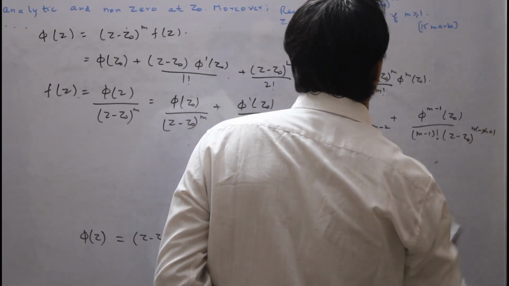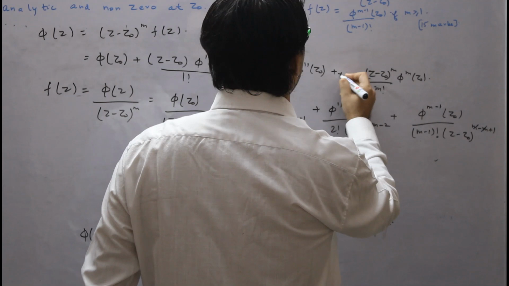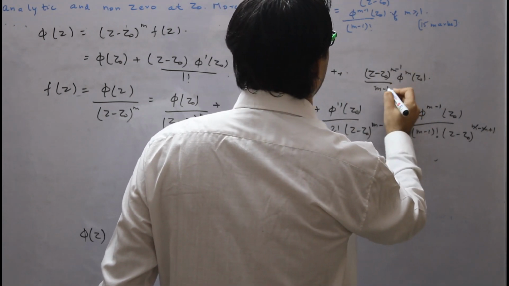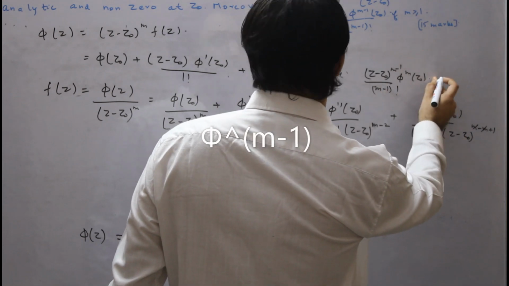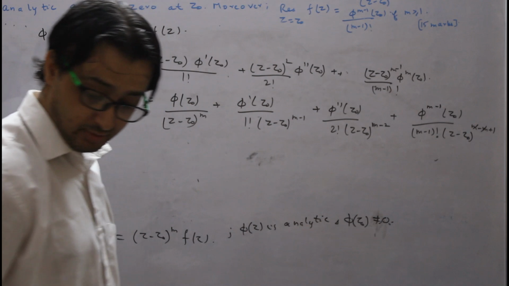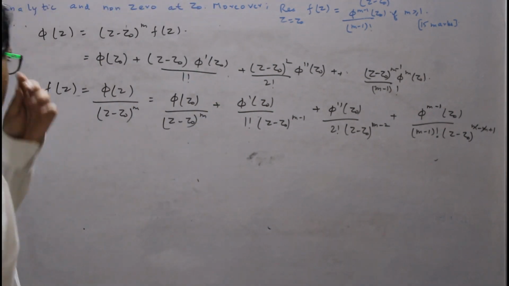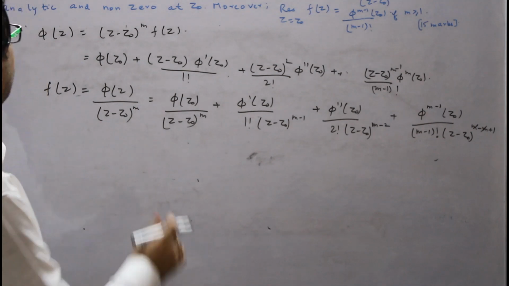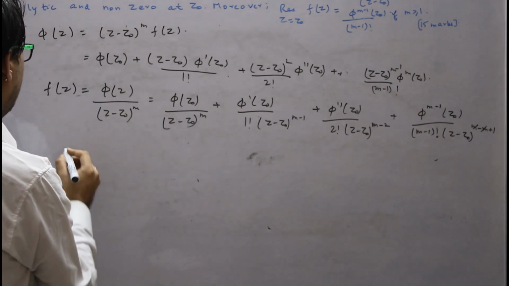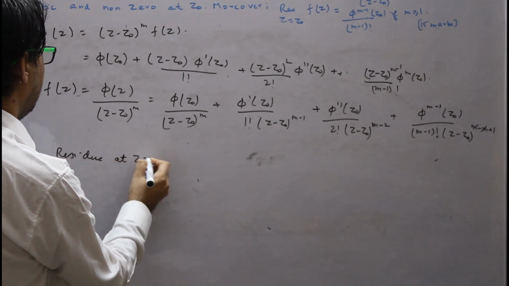So this we are getting. I will introduce one more term for the sake of simplicity. Now we know that it is analytic and non-zero here, so we have to find the residue at z = z0.